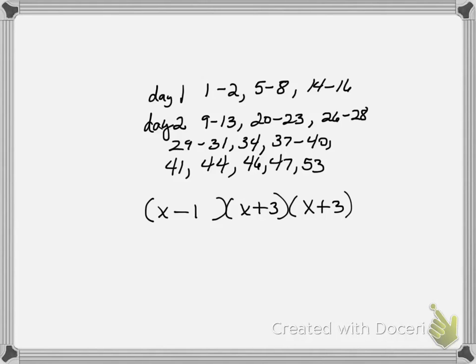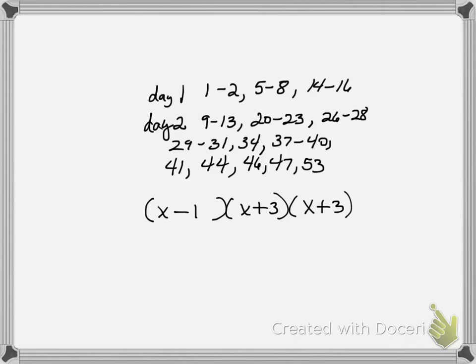Number 29, it says determine the binomial factors. Now, for your first one, you might have to use your calculator or the remainder theorem or synthetic division to find it. But once you find the first one, you can take your depressed polynomial to find the other factors.